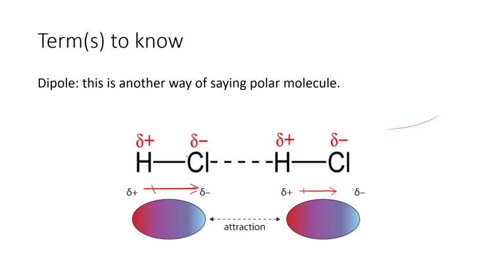But as we are here in America, we point in the direction of the negative. And so those are the two ways you will see a dipole indicated, right? So the partial positive and partial negative.